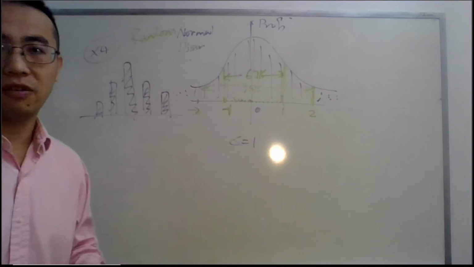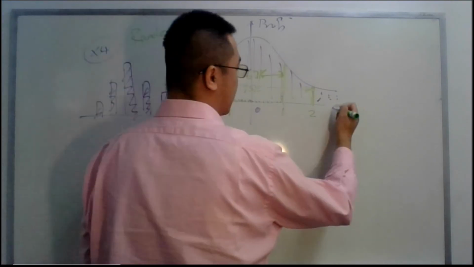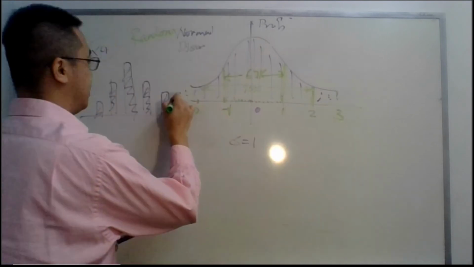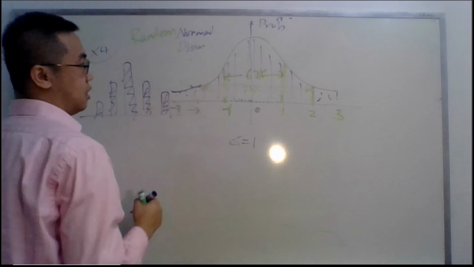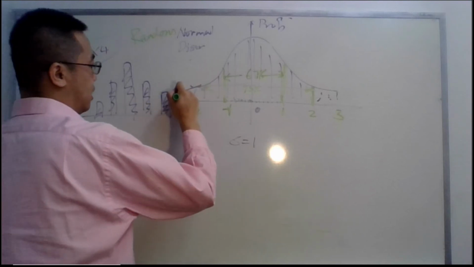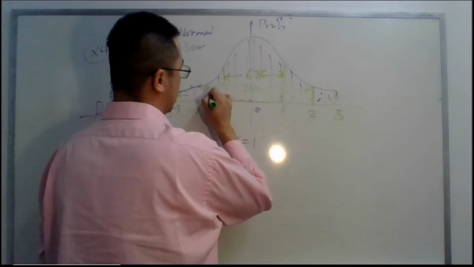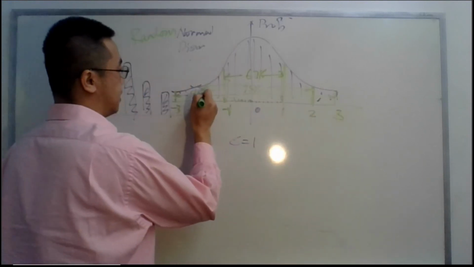Still, there's some possibility for them to happen. And if I do the further extension, let's say I do a positive 3 here and a negative 3 here, let me just extend this. The probability for my value to fall between negative 3 and positive 3 is 99%.